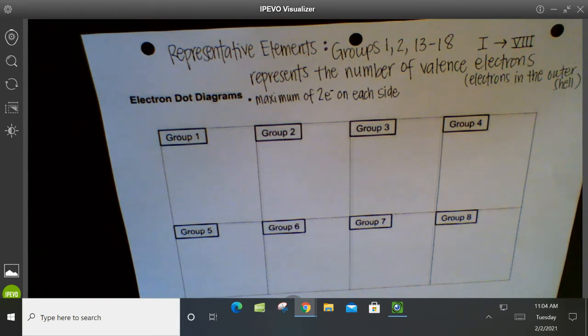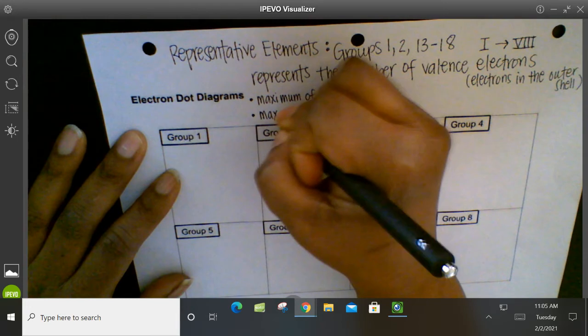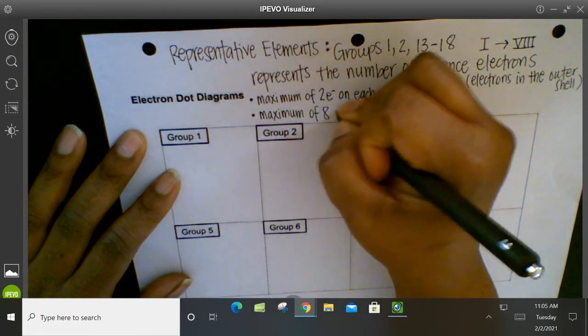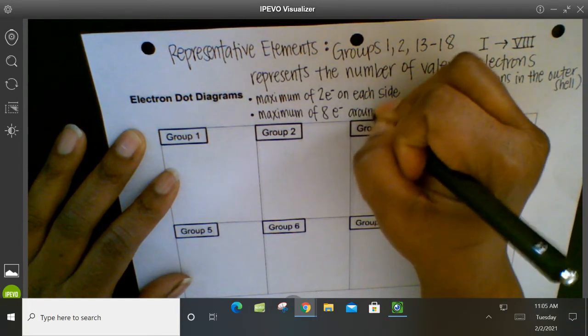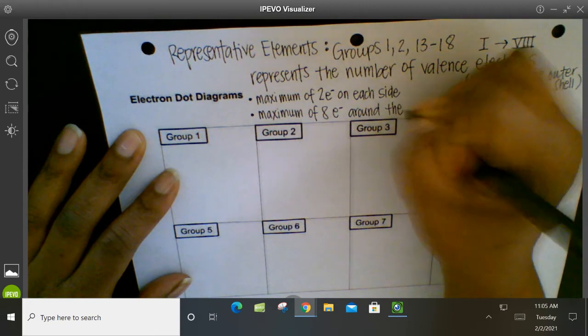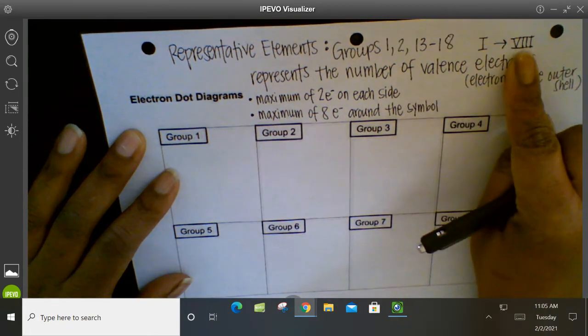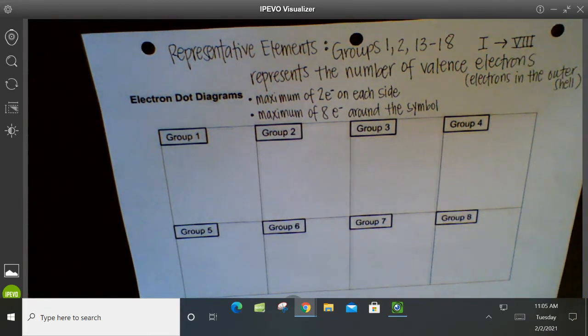There will be 4 sides, and you'll have a maximum of 2 electrons on each side. This is going to give you a maximum of 8 electrons around the symbol. And this makes sense because the Roman numeral only goes up to 8, so we're not dealing with more than 8 valence electrons.